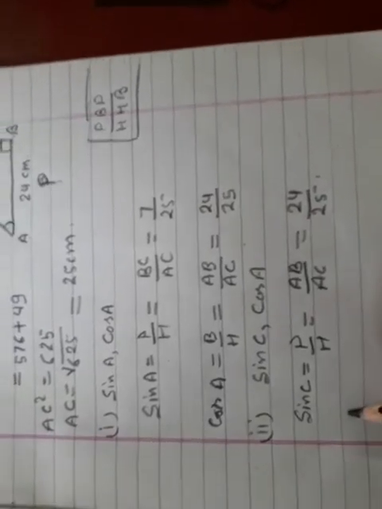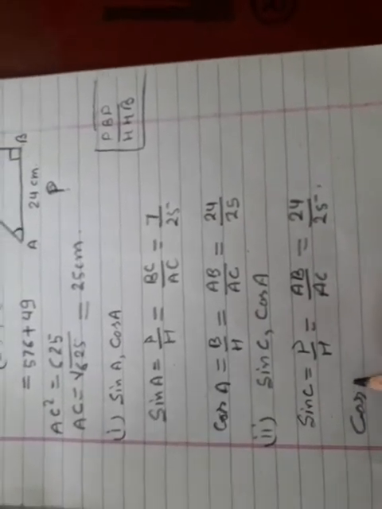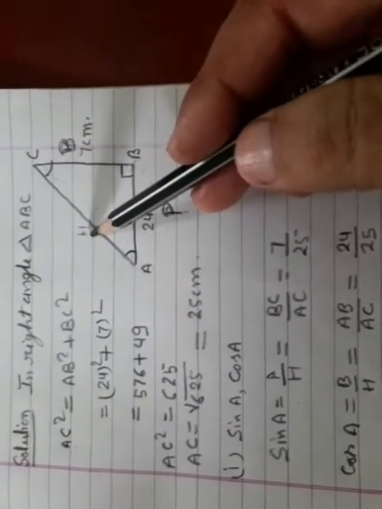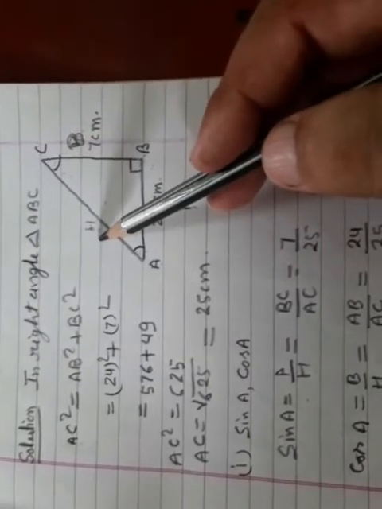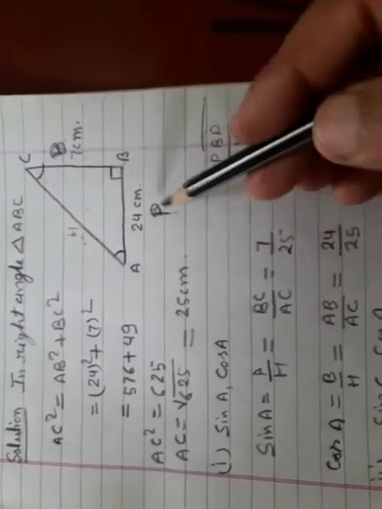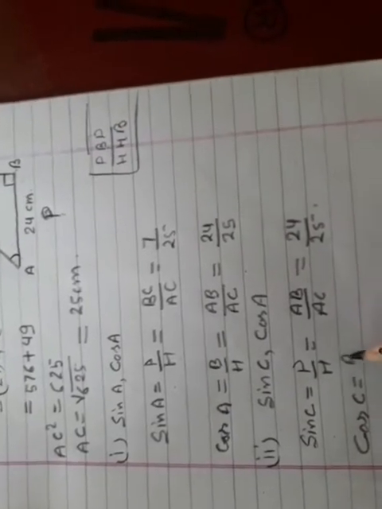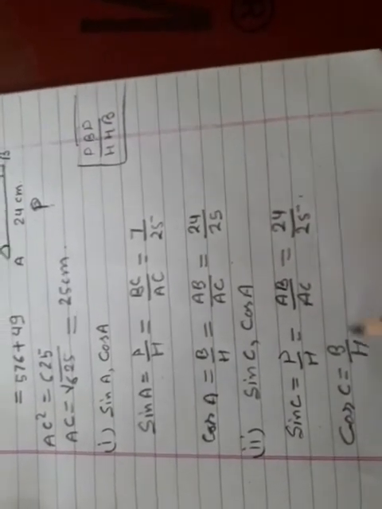Similarly, cos C, for the cos C, clear? This one is perpendicular, this one is hypotenuse and this one is base. So cos C is equal to base upon hypotenuse.